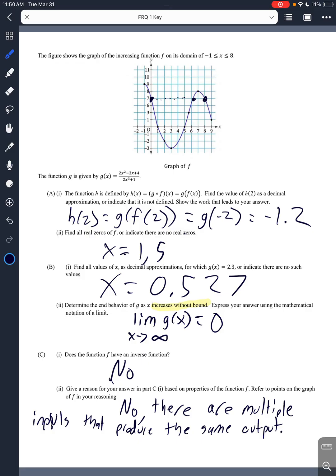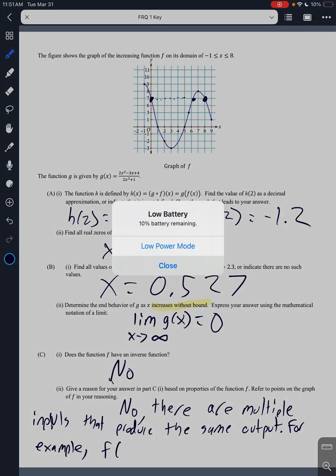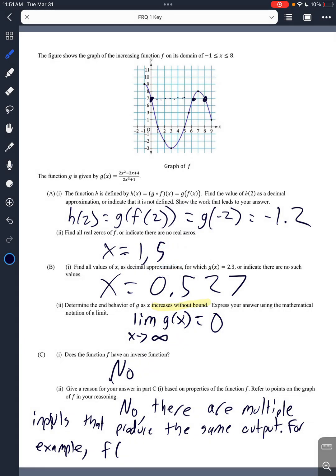The key thing, refer to points on the graph. We need to say, for example, f of 0 equals f of 8 equals 7.